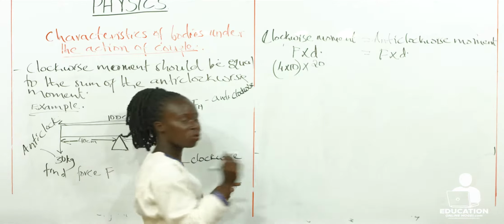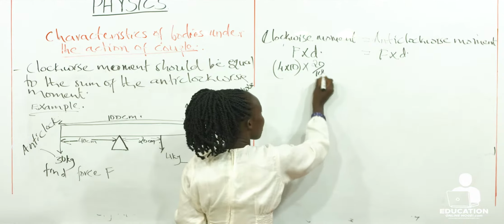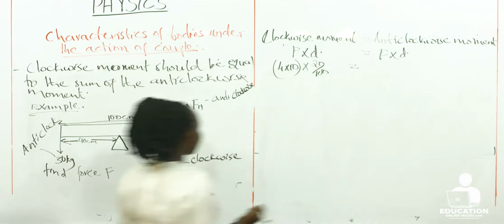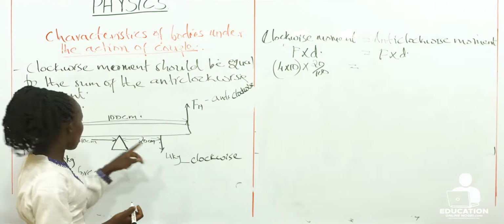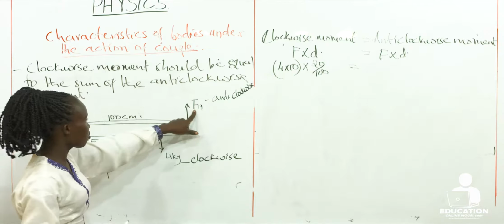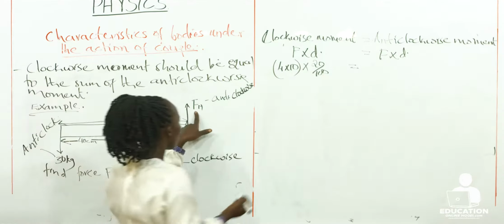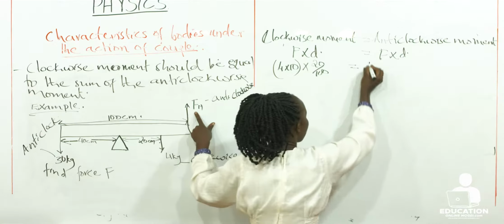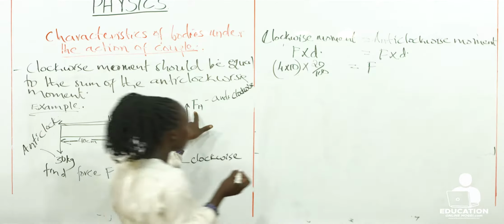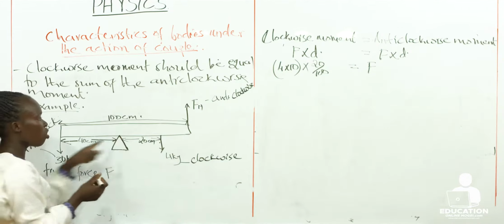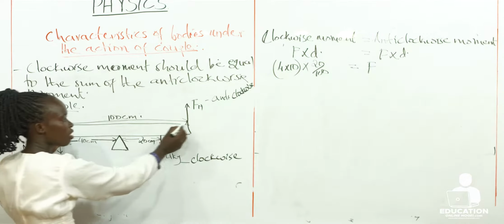You change it into meters, which is over 100. Then you come to the anti-clockwise side, where we have this force, F, which is what we want to find. What is the distance of this force from this pivot? We don't know, but we have the whole distance up to there.